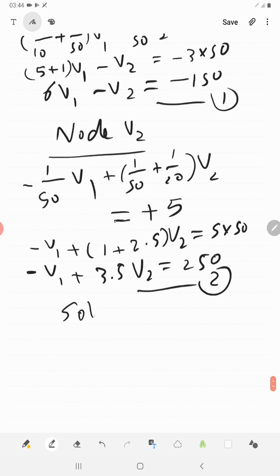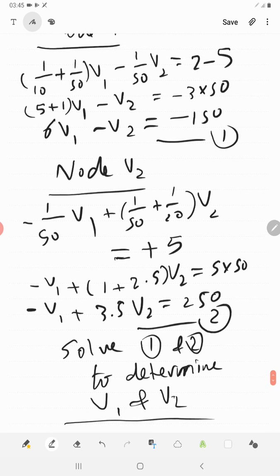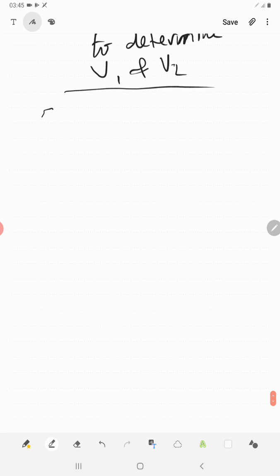Solve 1 and 2 to determine V1. Okay, you can do it either way, by the determinants method or just simple application. Let's take another example.